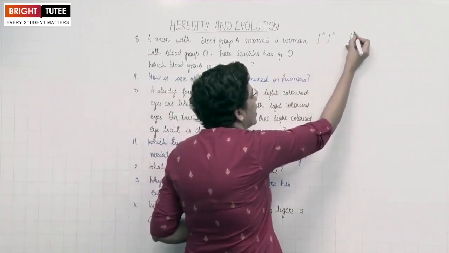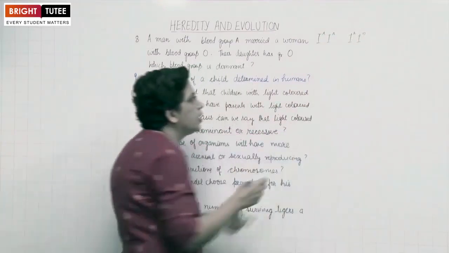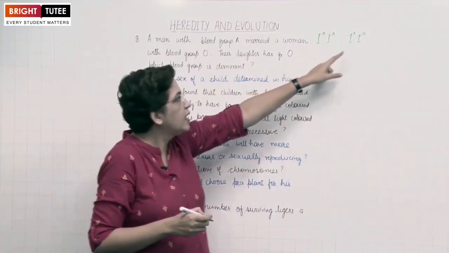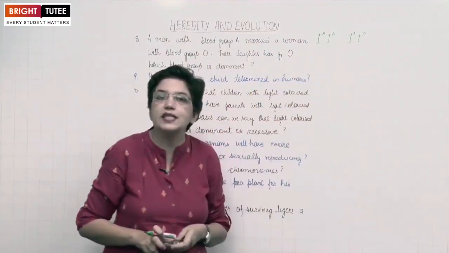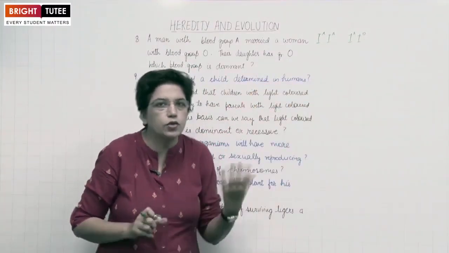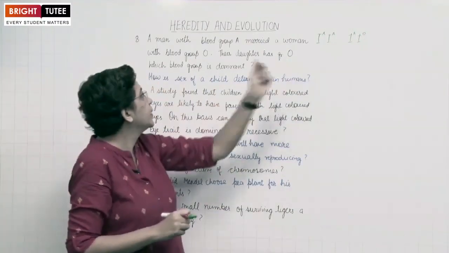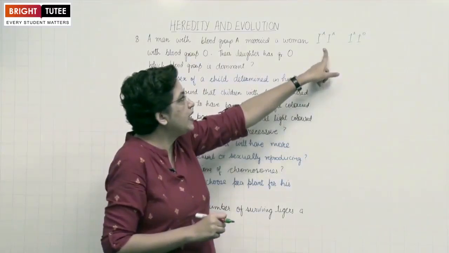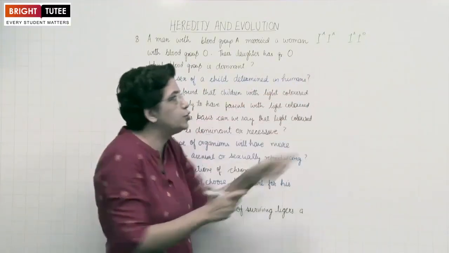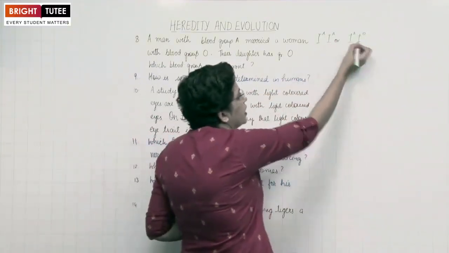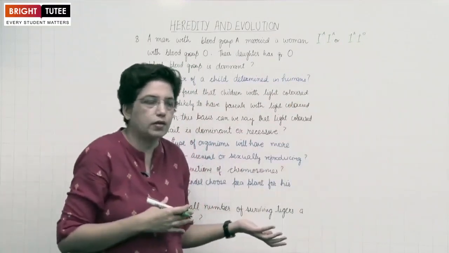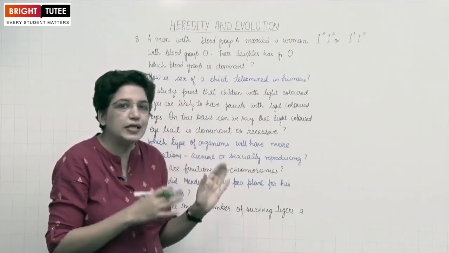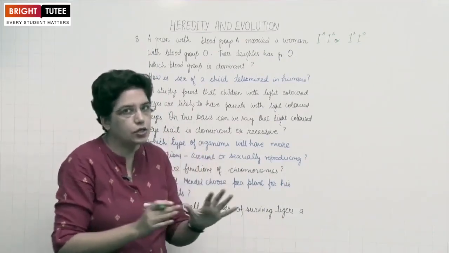So the father can have either, okay, this I with A represents the trait that blood group is A, and I with O represents that the blood group is O. So it is O type of gene. Now, since the man has blood group A, the man can have either pure A genes or he can have one recessive and one dominant, if we consider that blood group A is dominant.